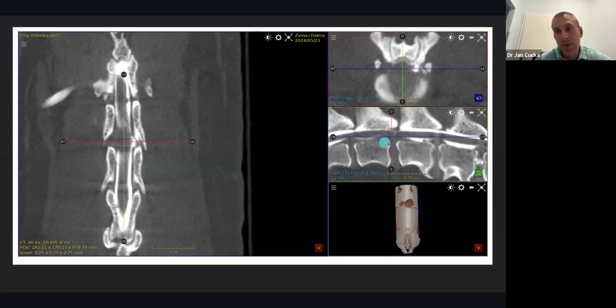There are some changes of the intensity of the myelo. So you can see that there's a small artifact here, but the dorsal line is not so clear as it should be, and on the ventral part, there is quite a huge compression here.